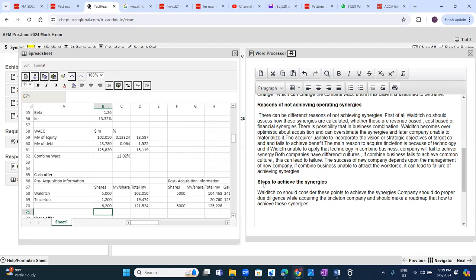Company should include its management and target company management in core functions to achieve these synergies. Company should do proper communication with team to achieve these. It is W company history that they do not pay attention.